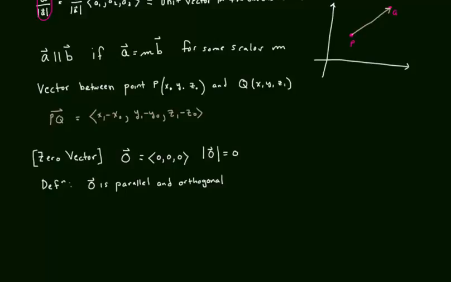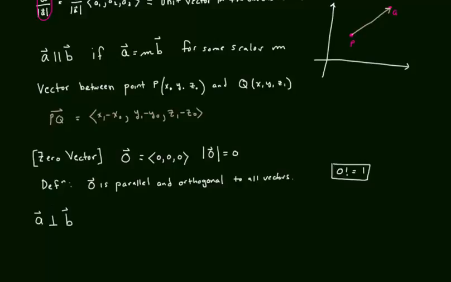So the zero vector is parallel and orthogonal to all vectors. That's similar to the definition that says 0 factorial equals 1. You can't really explain that 0 factorial equals 1, so mathematicians have defined it so we could use it in formulas, etc. So the same is here. Zero vector is parallel and orthogonal to all vectors.